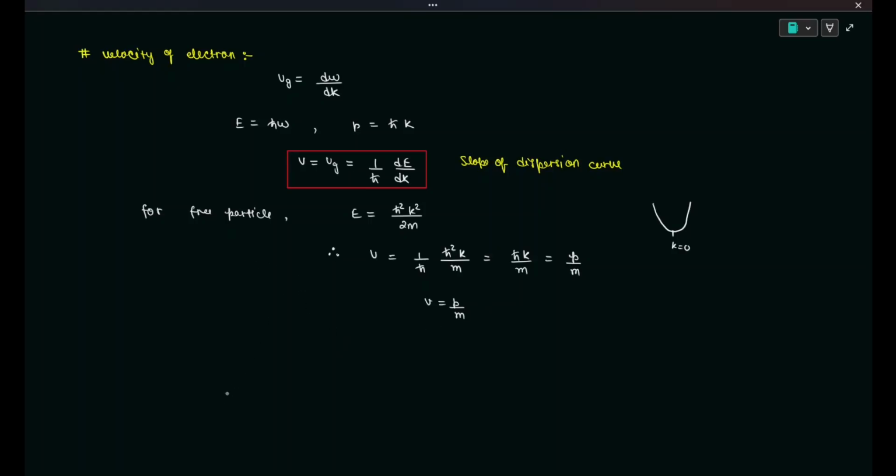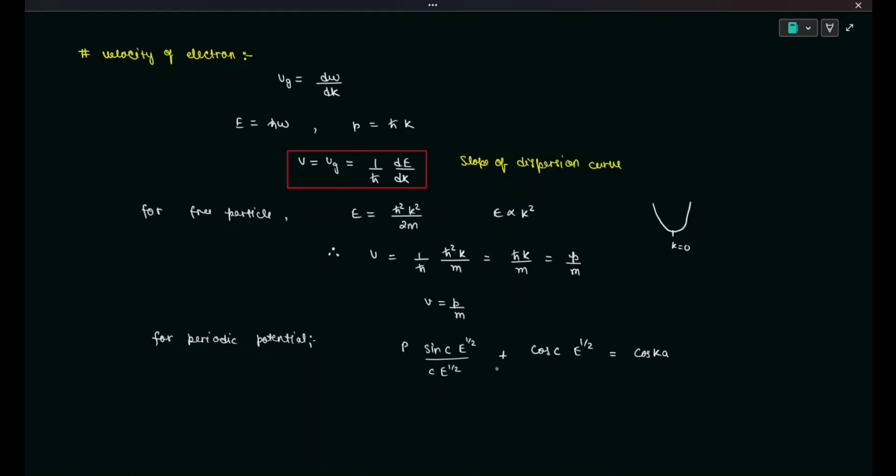So this was the case for the free electron, where the energy is proportional to k². But for the periodic potential, we have seen that the dispersion relation is not that simple. We have seen that it was like P sin(αa)/(αa) plus cos(αa) is equal to cos(Ka).